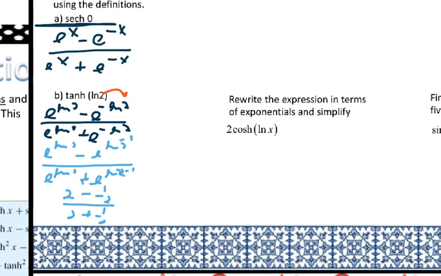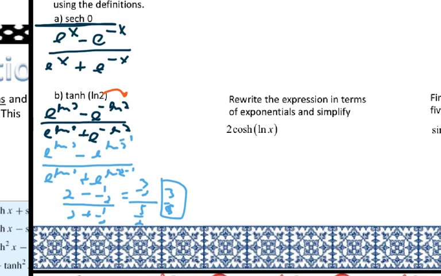Now let's do our arithmetic. 2 minus 1/2 gives us 3/2, and 2 plus 1/2 gives us 5/2. We fix that complex fraction and we get 3/5. So tanh of natural log of 2 is 3/5. Are we okay with that?